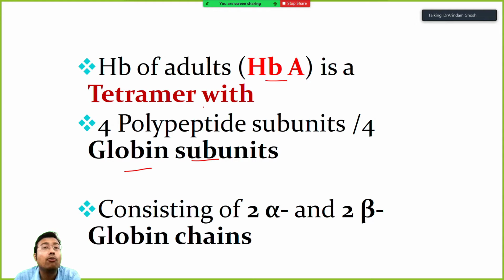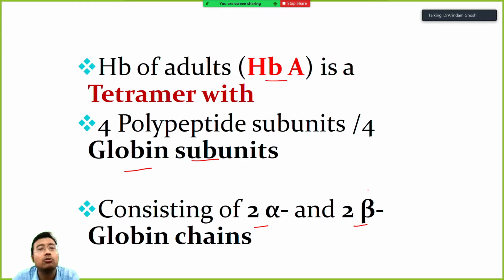Now among the 4 globin chains, it has got 2 alpha and 2 beta. They are named as such, alpha globin and beta globin. So in total there are 4 globin, 2 of them are alpha and 2 of them are beta. If you have gone through the textbook already, you all know this.